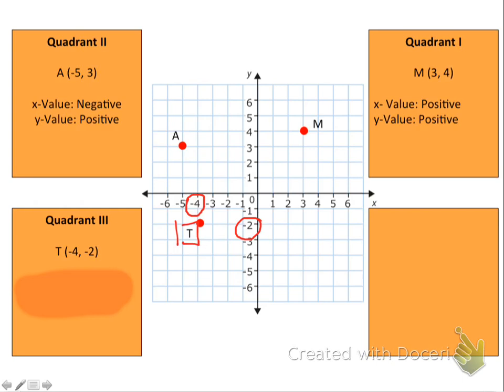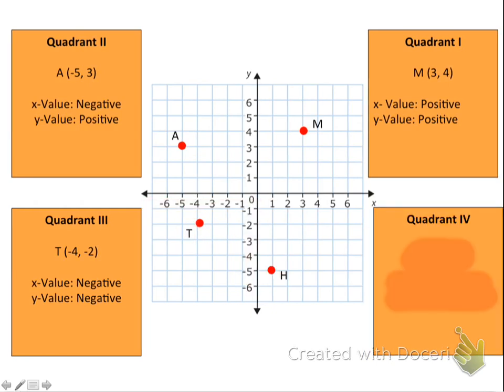Now let's look at our x values in quadrant 3. They're all negative numbers, so our x value will always be negative in quadrant 3. Let's look at our y values now. Our y values are also all negative, which means that if both the y and the x value are negative, it's in quadrant 3.